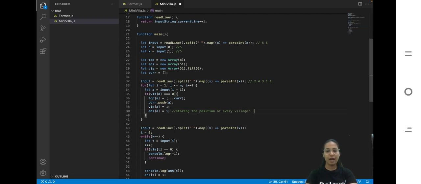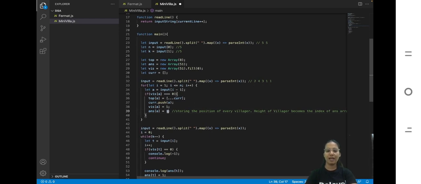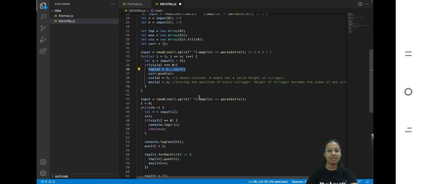So here the height of the villager basically becomes the index of the answer array, and the position is becoming the value at that index. Here 1 means visited, 0 means not a valid height of villager, which has been given in input. And top are all the people in front of you, which we saw in the example as well.